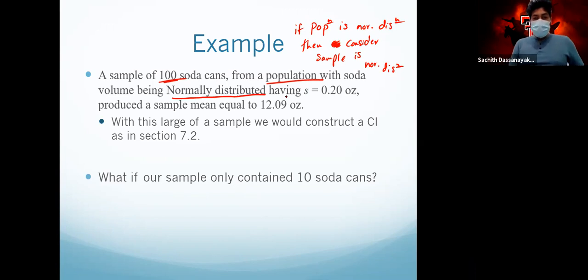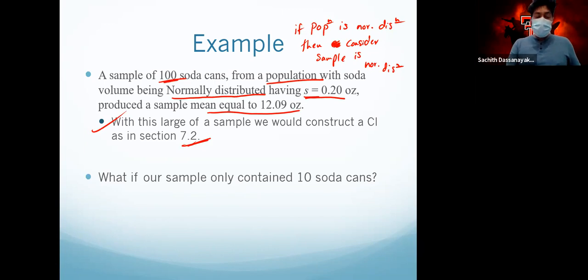They have given S, they haven't mentioned sigma. They have mentioned the sample standard deviation and the sample mean. How do we deal with this? You know how to deal with this in section 7.2: x bar plus or minus z alpha over 2 times S over square root of n, right?